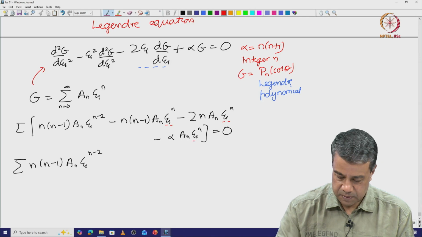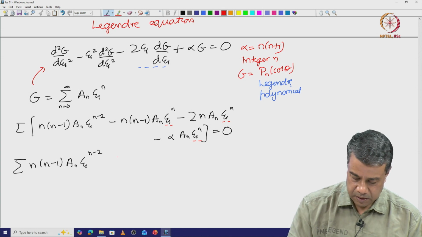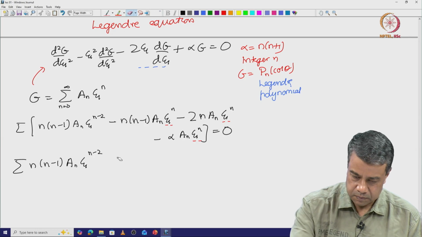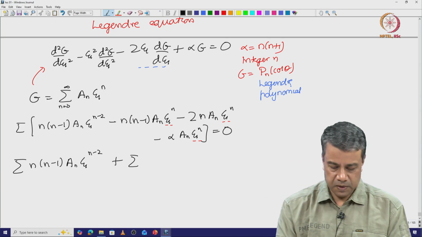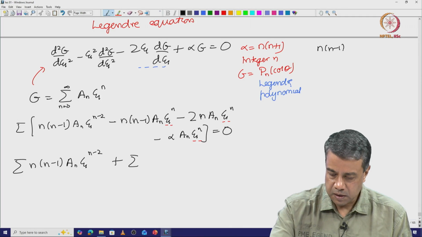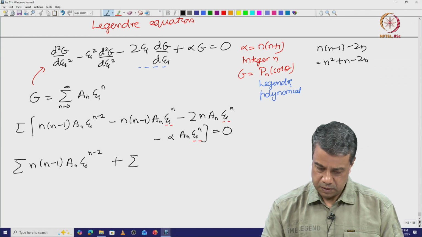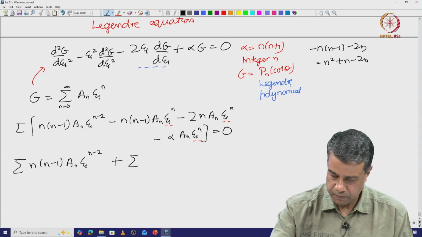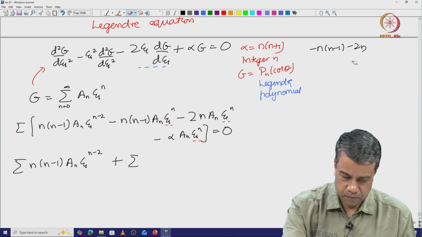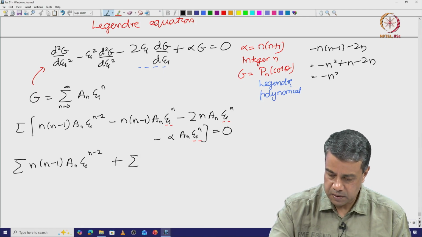So, the summation of n into n minus 1 plus 2n, I am sorry, n square minus n minus 2n... that is n into n minus 1 minus 2n, which is n square minus n minus 2n, which is equal to minus n square minus n, equal to minus n into n plus 1.